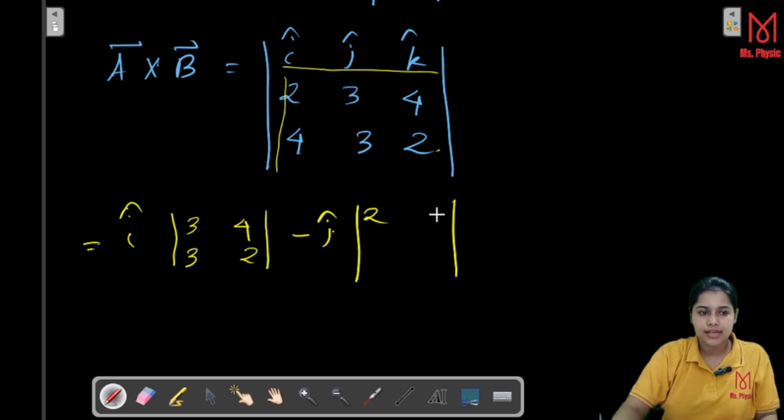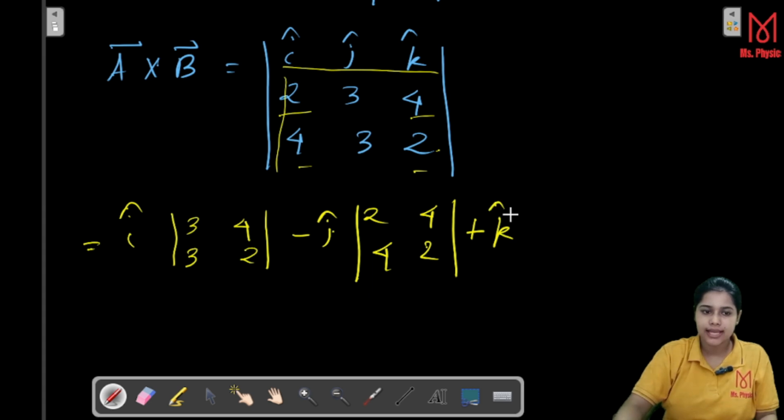So you write here 2, 4, 4, 2. Similarly, plus k cap. For k cap, the 2 by 2 matrix which is left is 2, 3, 4, 3. Right?